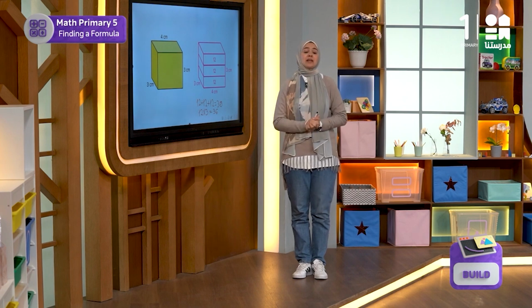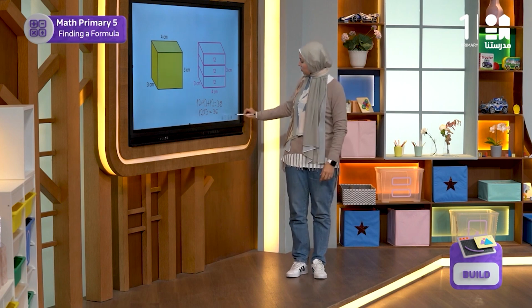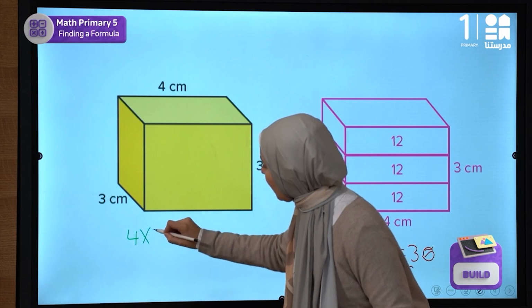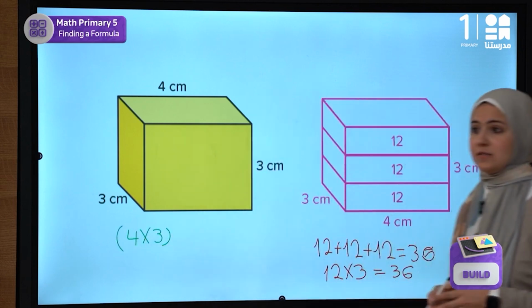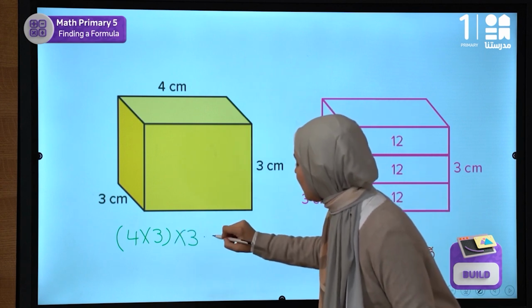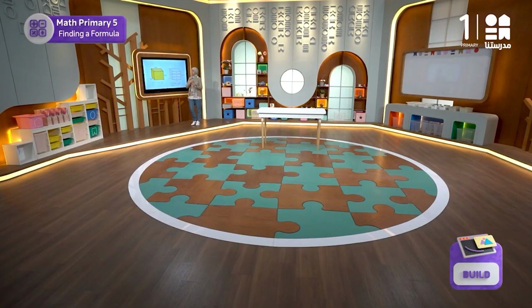Now let's write the multiplication problem that we have in more detail. So I can write it over here like that: 4 times 3, right? Times the 3, which is the height. And this will be equal to 36 cubic centimeters.